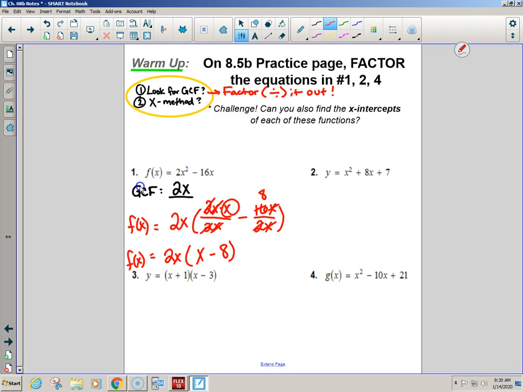But then I'll come back and I'll review and I'll remind you how to do the X method. But for just a few of you, your brain might click, a light bulb might turn on, and you might realize some of these factoring ones are a lot easier than I thought. Now, if there are like 1 or 2 or 3 of you that this works, it'll help you, and then I'll go back and review it for everyone else, how to do it the longer way.